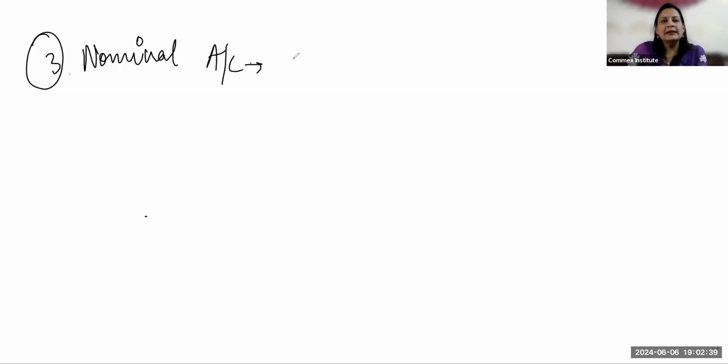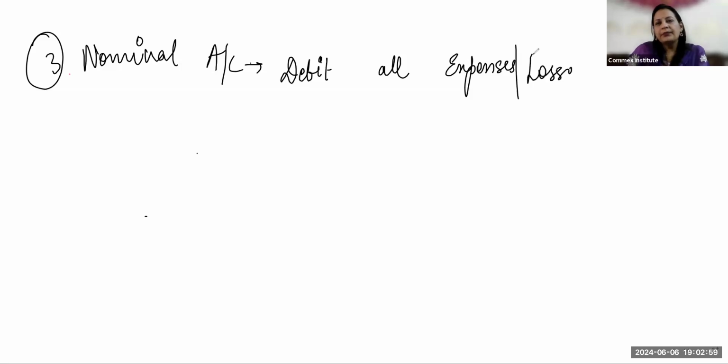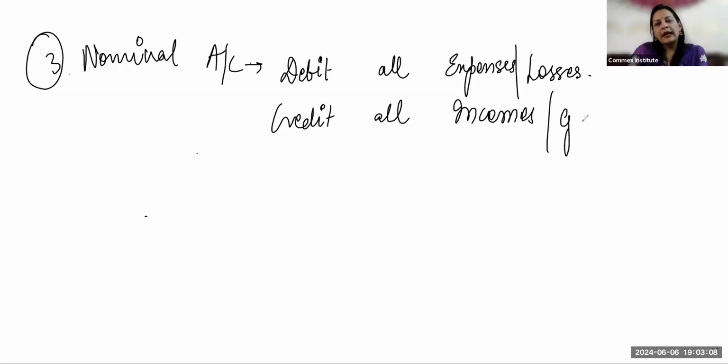Now, the rule is debit all expenses or debit all losses, and credit all incomes or gains or revenues.